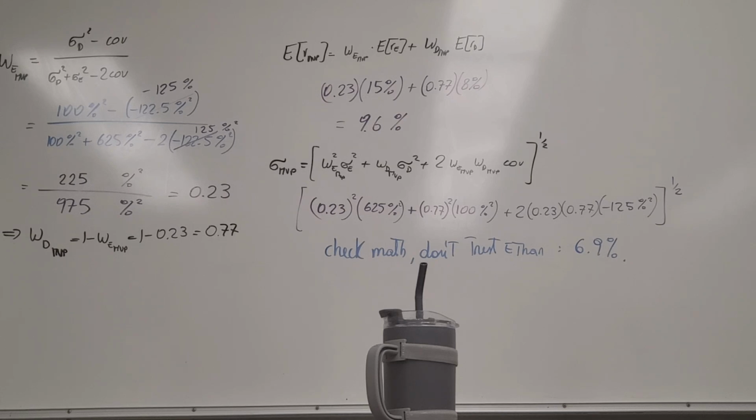So, can we now draw this thing? Yeah. Well, the weight of the minimum variance portfolio is actually at 0.23. So 0.23 is about a quarter. So the lowest point is going to be here. How low is that point? It's 6.9%, provided you were correct.